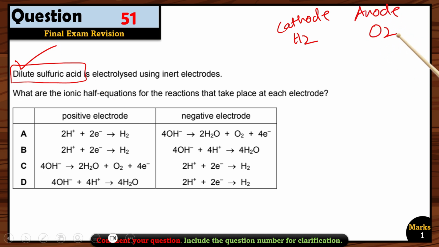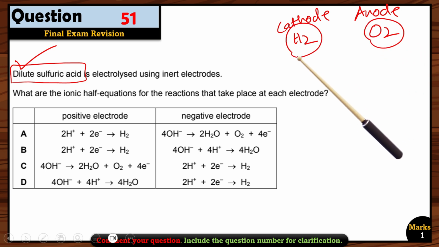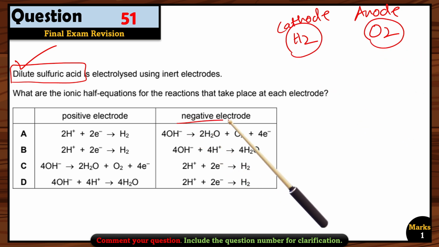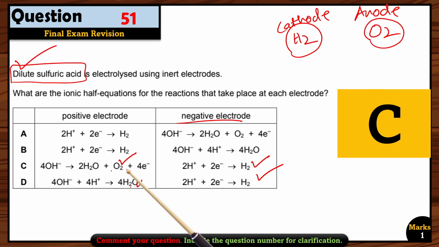So let's see now the reaction. Your product should be hydrogen at the cathode, the negative electrode. Let's see where we can see hydrogen. These two options, okay, that's right. Now let's see for the anode where we can see oxygen. Yes, here you can see oxygen, but here you can see water. That's wrong. Oxygen is the only right option. So option C is the correct option.